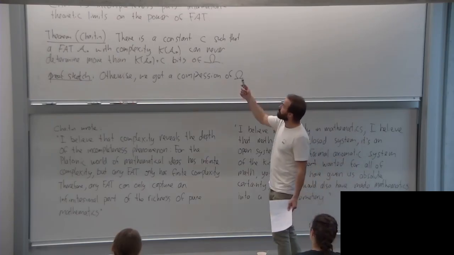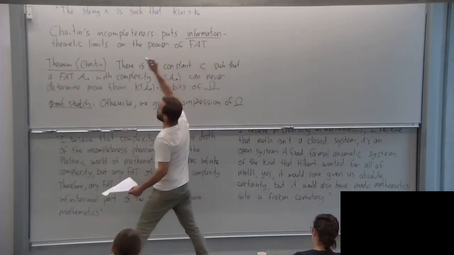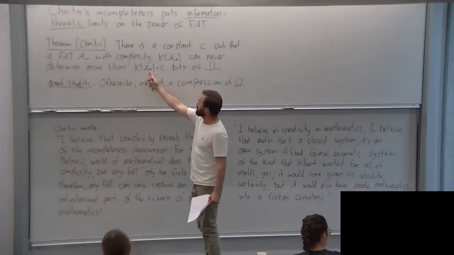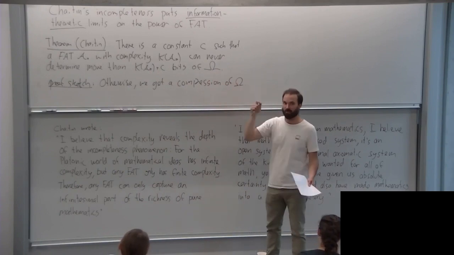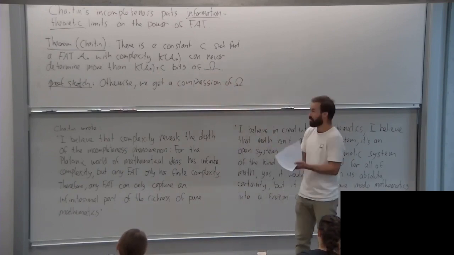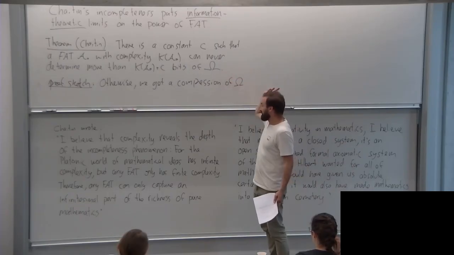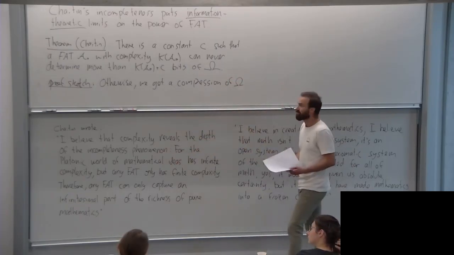Because it's basically very information theoretic, as I wrote here. If you have a k-bit formal axiomatic system, you're only going to be able to prove k bits of omega and no more. Yet it has a well-defined value, and he says it basically belongs somewhere in the Platonic world of mathematical ideas.